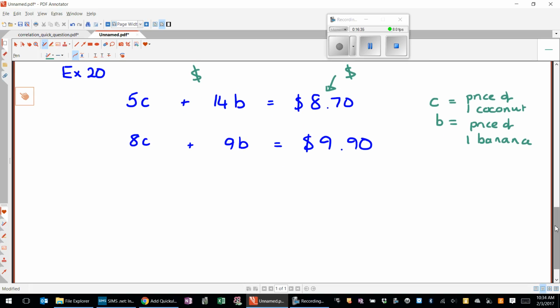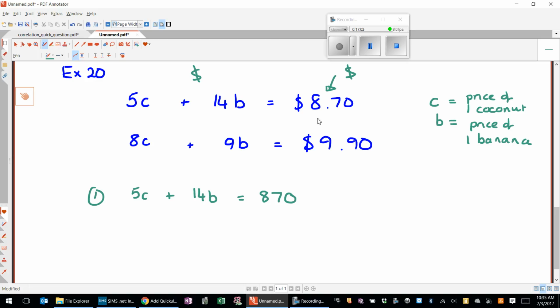So I'm going to say equation number 1 is 5C plus 14B equals 870. Why have I done that? Don't have decimals, but what is the consequences of that? We could, but we don't actually need to.